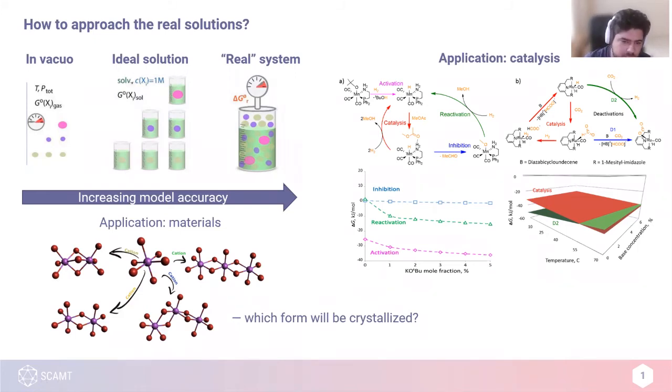The possible way to describe them is to explicitly consider all the solvent molecules and to use the state-of-the-art methods like QM/MM or ab initio molecular dynamics. But these methods require a huge amount of computation time. So you can use them to model usually only one system.